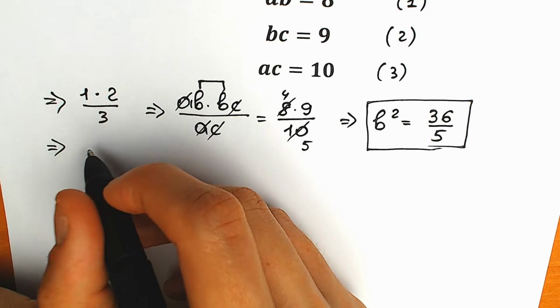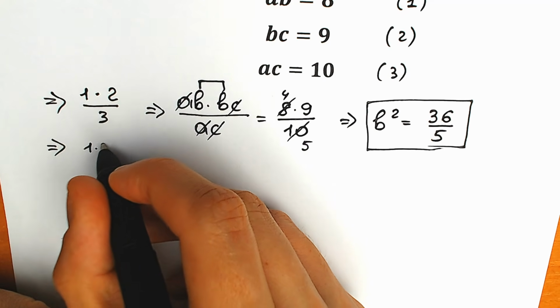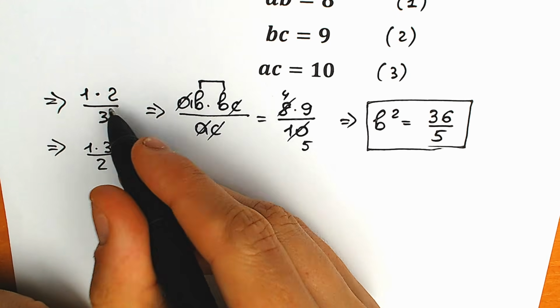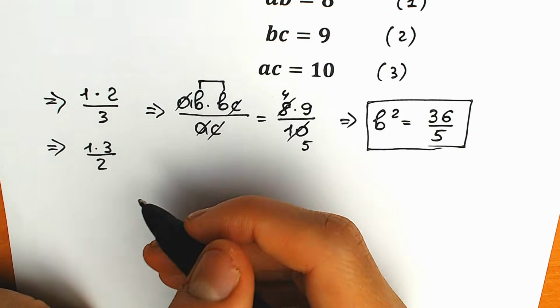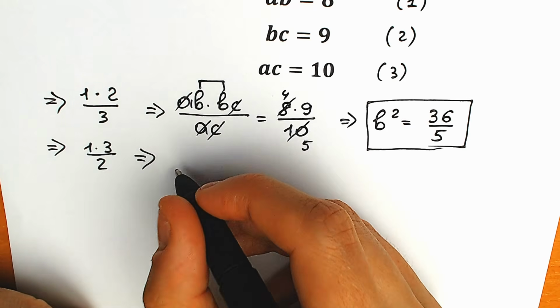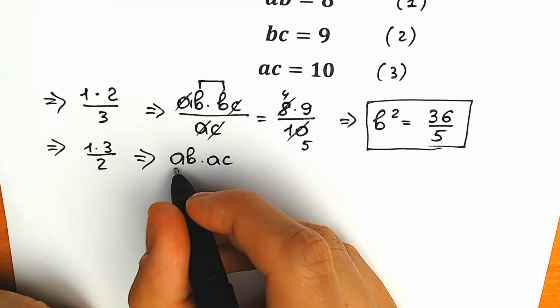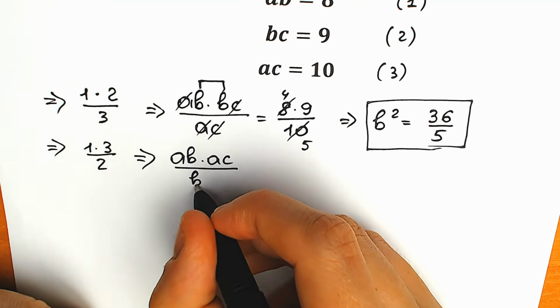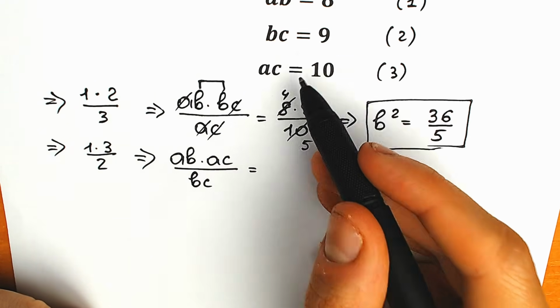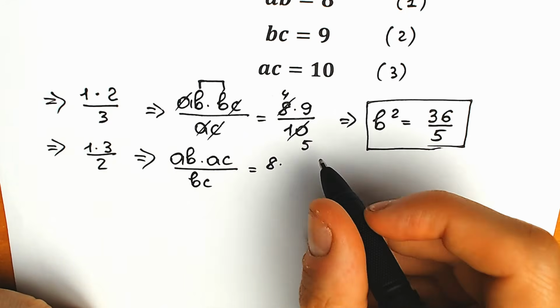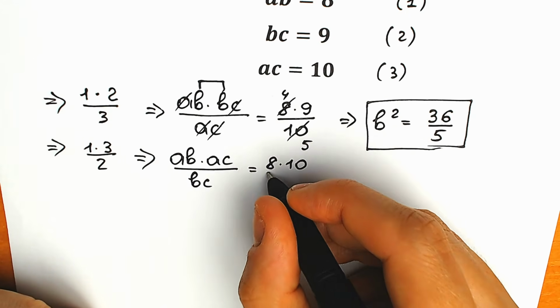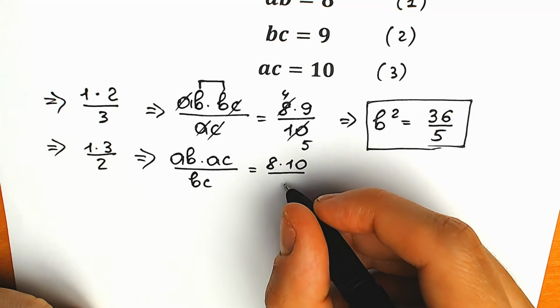The next thing, we're going to multiply the first equation by the third equation, and divide by the second. So we have a different combination compared to the first one. AB times the third, AC, all over the second, BC. Let's write the coefficients: AB equals 8 times AC equals 10, divided by BC equals 9.